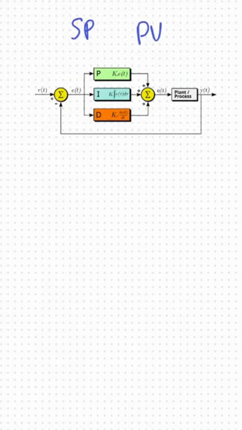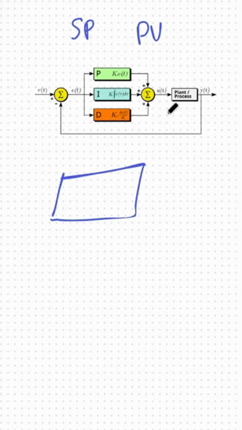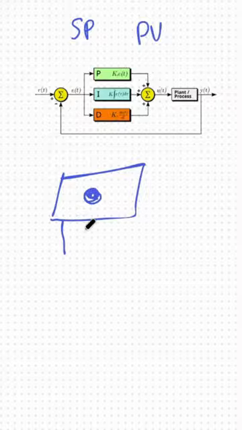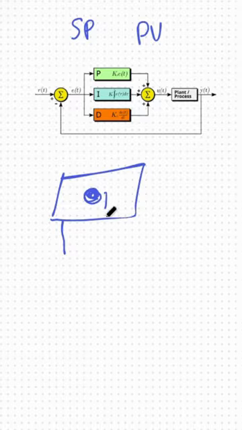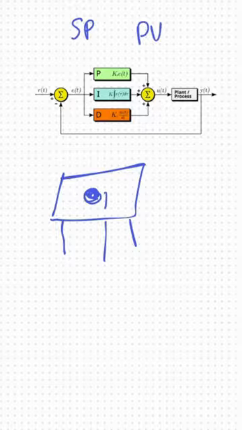Now let us understand this by using an example. Imagine you have a surface and you have placed a ball on top of it. Now the original position of the ball can be considered as SP or set point, and the value, if the ball is moved, can be considered as PV or process variable.